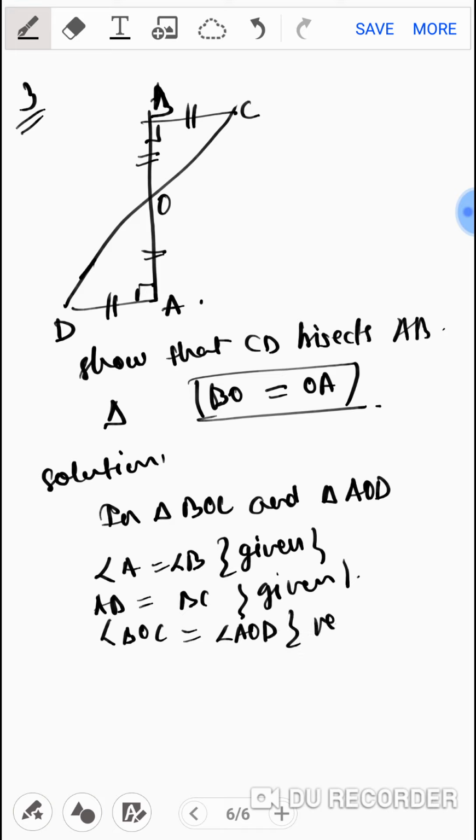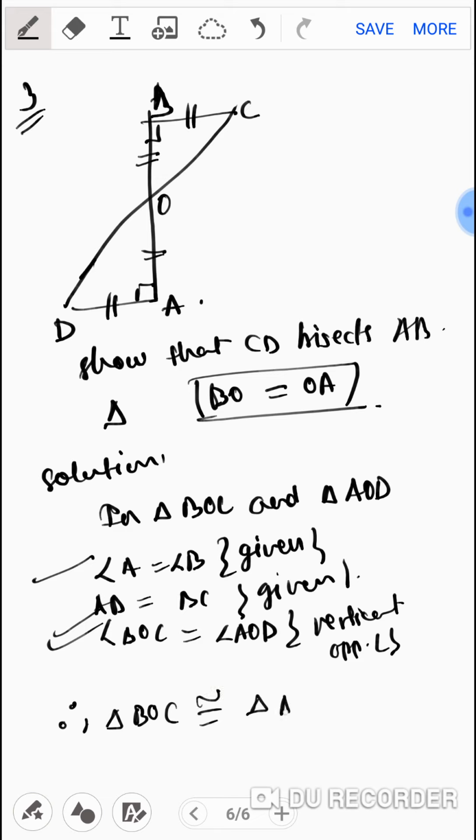Why? Vertically opposite angles. Clear? So now you got three reasons, and in that you have two angles and a side. So you can write therefore triangle BOC is congruent to triangle AOD by which test?